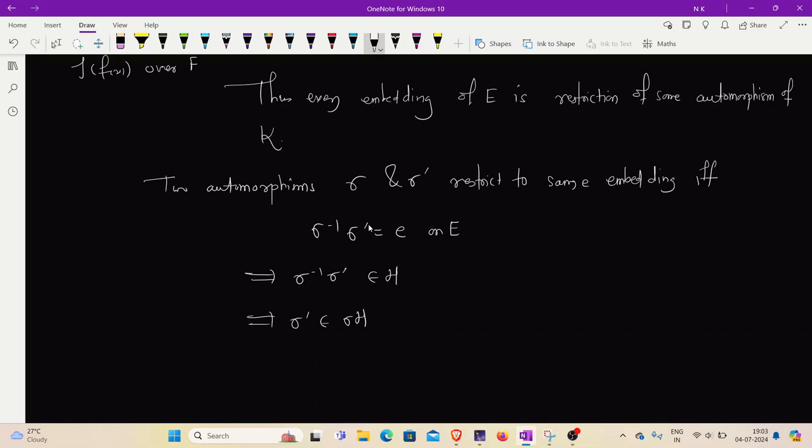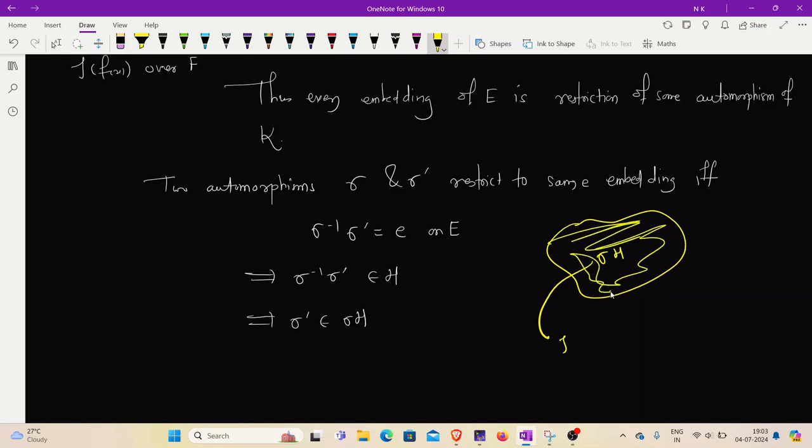So if sigma is restricted to some embedding, all the elements in the coset of sigma will be restricted to the same embedding. I can represent this fact diagrammatically: suppose this is the coset of sigma, this is your sigma H. If sigma restricts to some embedding, say tau, then all the elements in this coset will restrict to the same embedding tau.